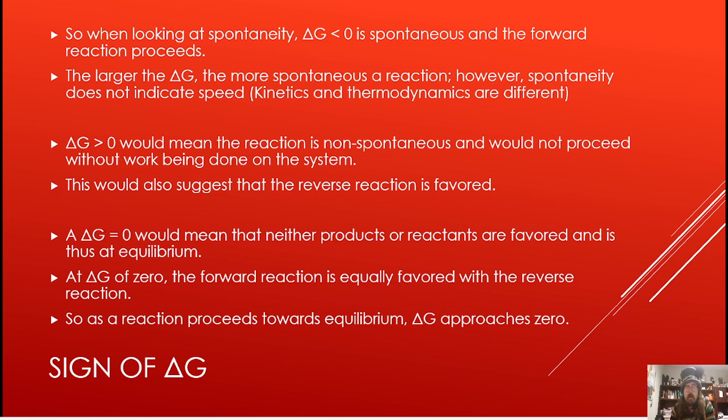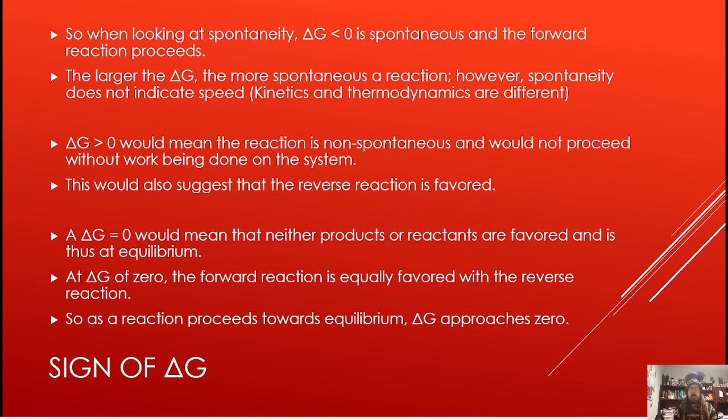But what is left out is, if a delta G of negative is spontaneous and a delta G of positive is non-spontaneous, what about that middle point where delta G is 0? Delta G is 0 suggests that neither products nor reactants are favored, and the system is at equilibrium.